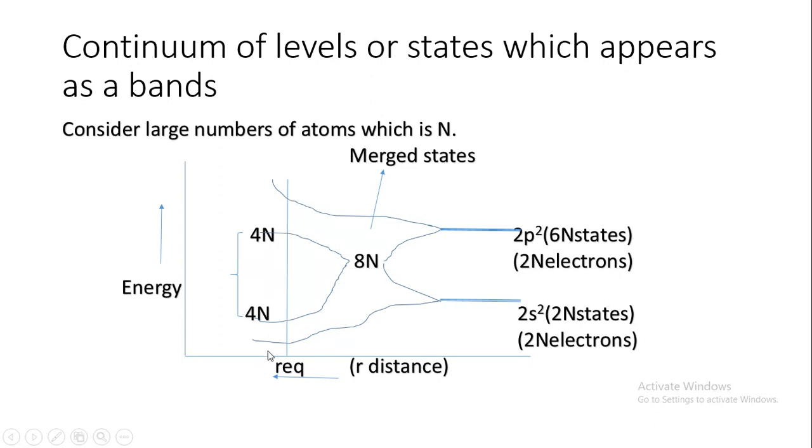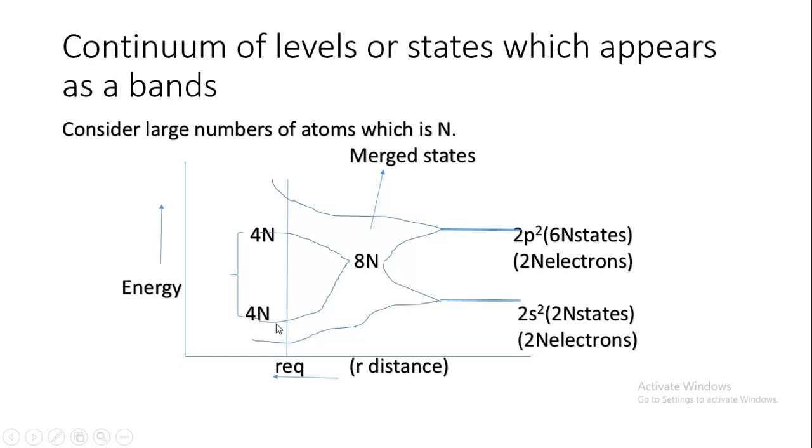In future we will define this band as the valence band, because the electrons are there, and this empty band as the conduction band. Once an electron moves from here to here, it becomes free and can take part in conduction. That's why it is known as the conduction band.